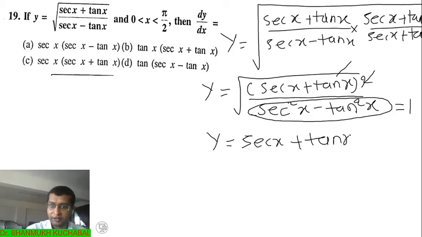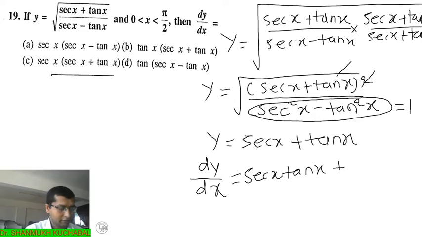Further, this is the y value, and we have to differentiate it. Differentiating, dy by dx is sec x into tan x, and tan x differentiation is sec square x.